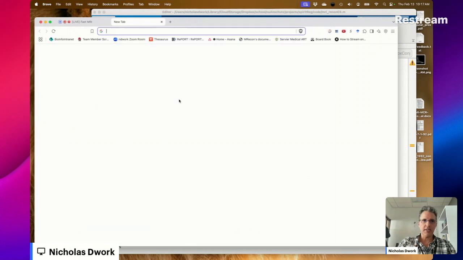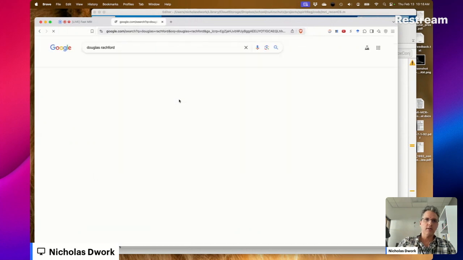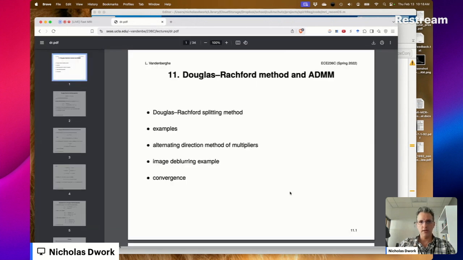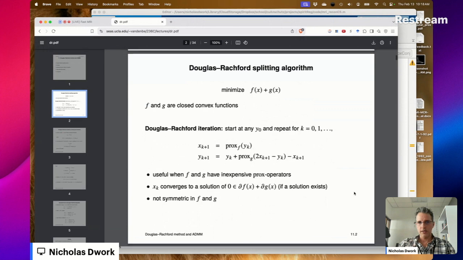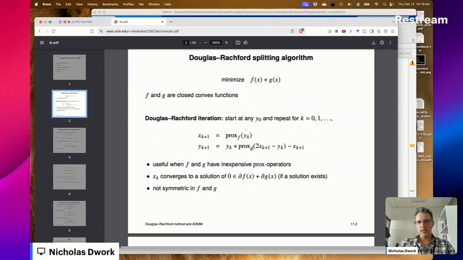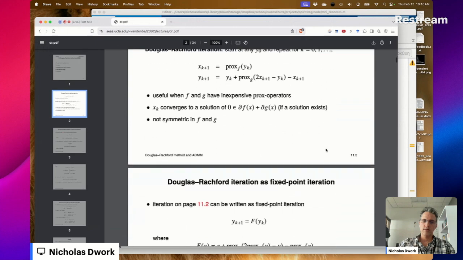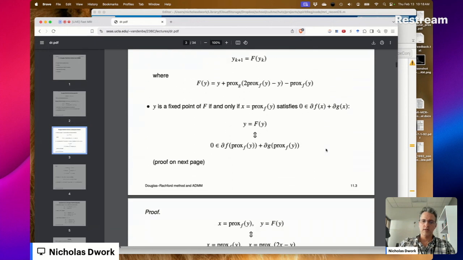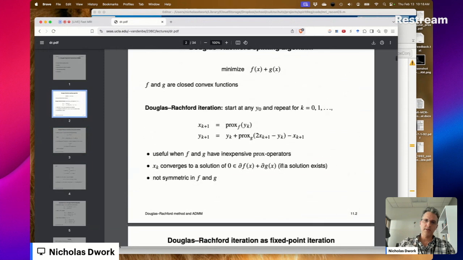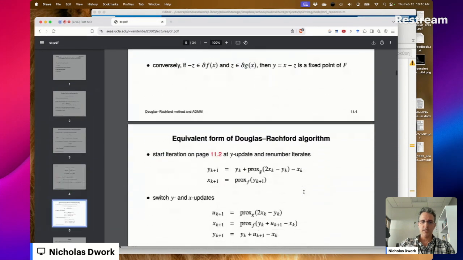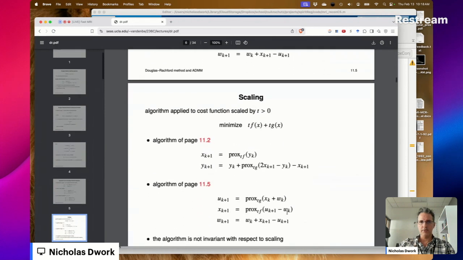Douglas-Rachford is another optimization algorithm. Here it is in Vandenberghe's notes. Vandenberghe is a supremely good note writer. Here it is. No conjugates, just straight proximal operators. You could express Douglas-Rachford as an averaged operator iteration, and that has a line search. Here are different forms.